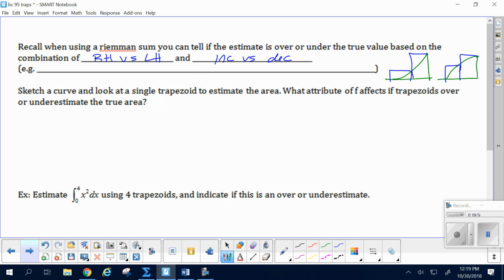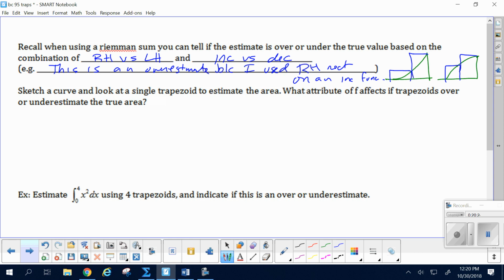As an example, on the AP test, you might say this is an overestimate because I used right-hand rectangles on an increasing function. That is a pretty common error statement. There are 4 different error statements you can make with different combinations of right hand, left hand, increasing and decreasing. You with me? Okay.